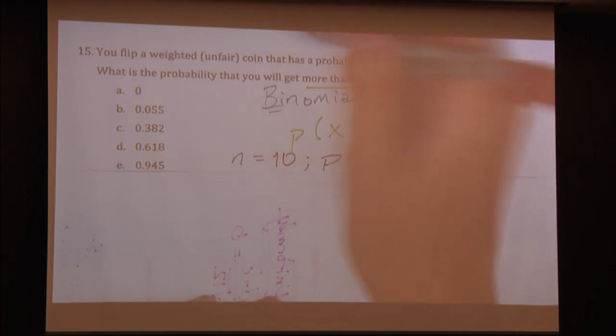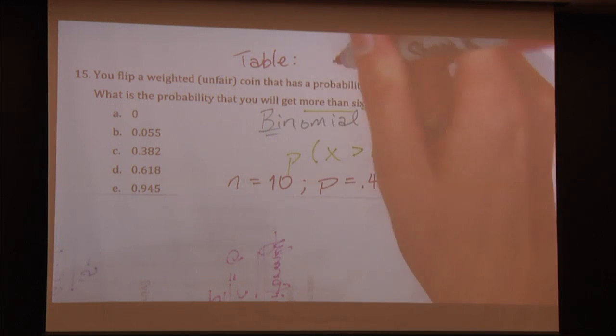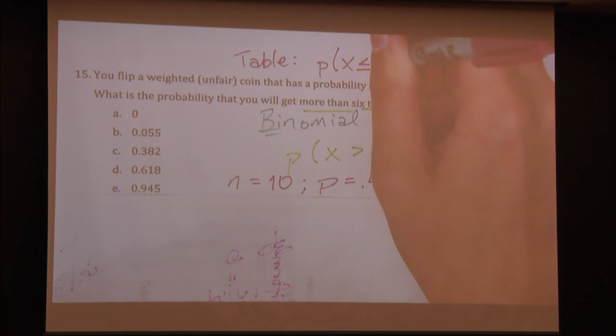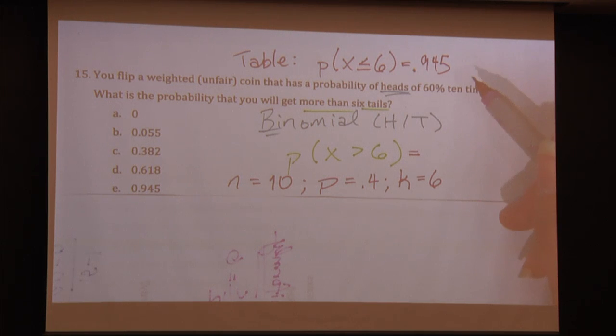So what our table gave us, the probability of x is less than or equal to 6, and it gave us 0.945. But we want the probability that's greater than. So what do we do? So I heard 1 minus. Why do we use 1?